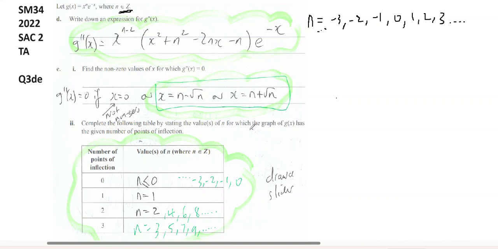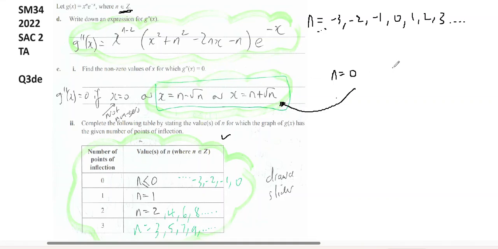So what we're after is to complete the following table stating the values of n for which the graph has a given number of points of inflection. So I'm going to think about what I've got here. If n is equal to 0, then I'm going to have x equals 0, x equals 0, x equals 0.